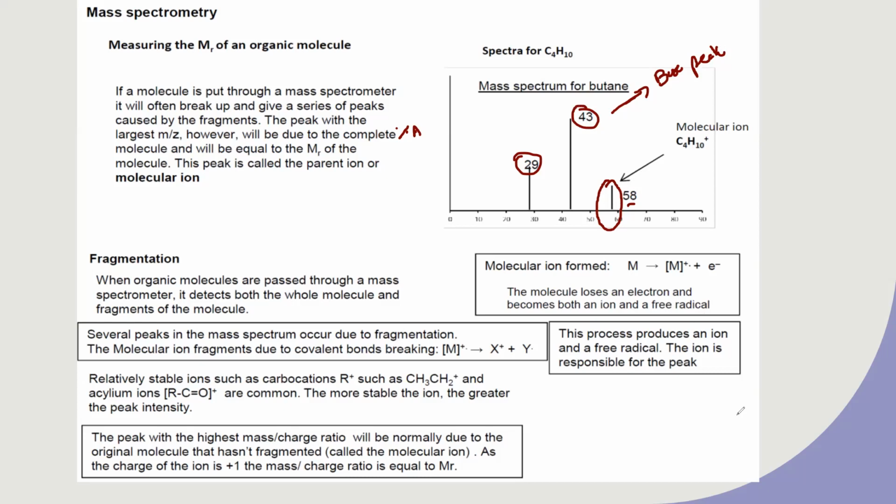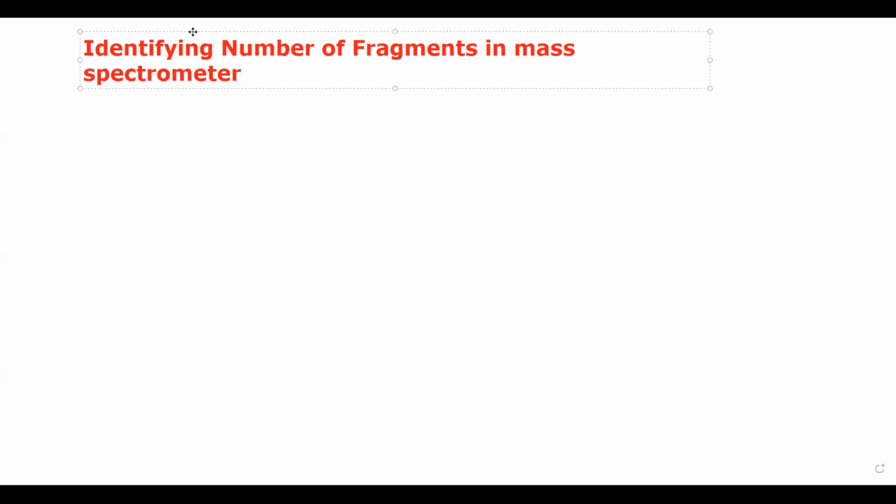How do we identify the number of fragments which are produced in the mass spectrometer? Different combinations you will make. There are different fragments that can be produced.